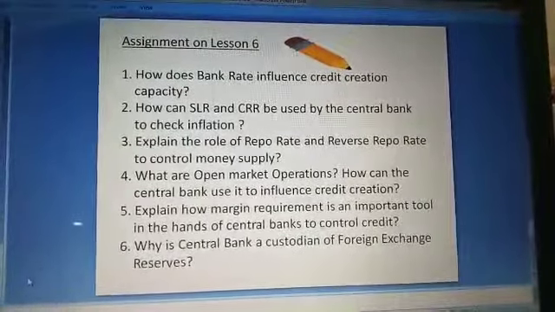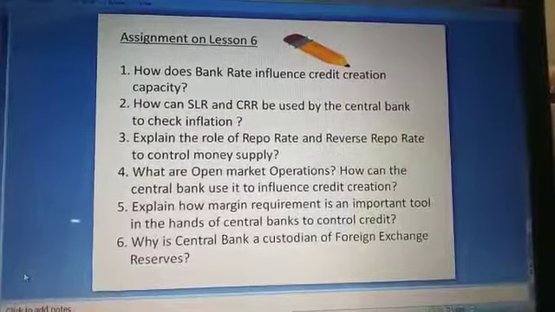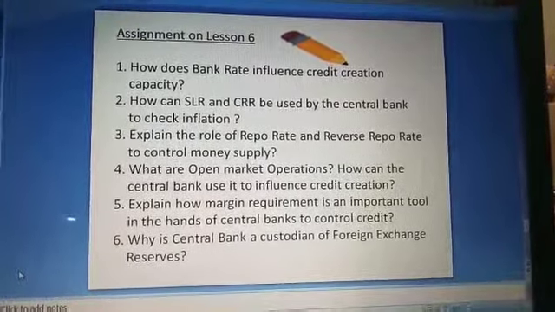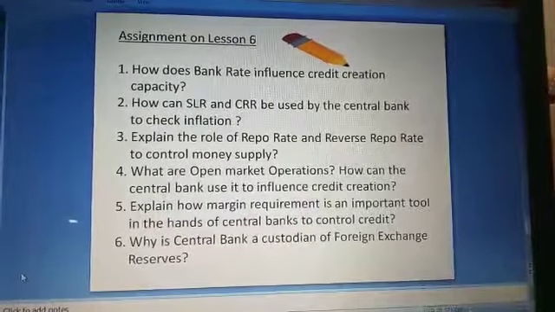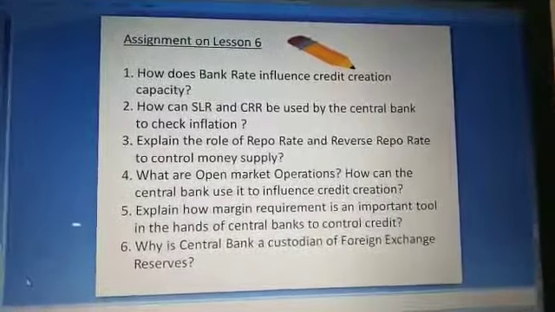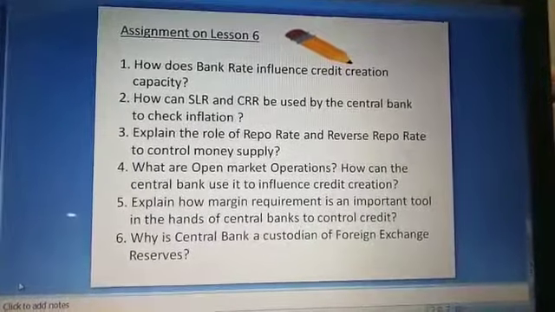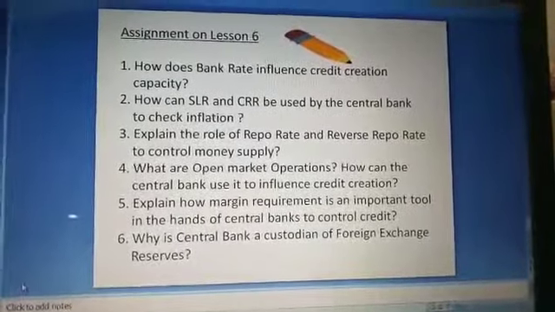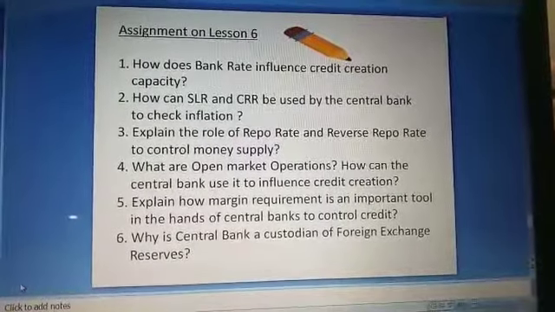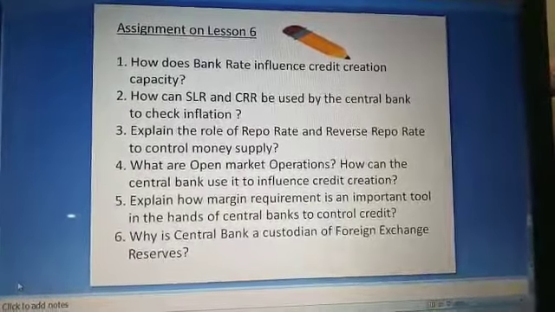Assignment number 6. This is based on lesson 6. Now, how does bank rate influence credit creation capacity? Question number 2. How can SLR and CRR be used by the central bank to check inflation? Third question. Explain the role of repo rate and reverse repo rate to control money supply.